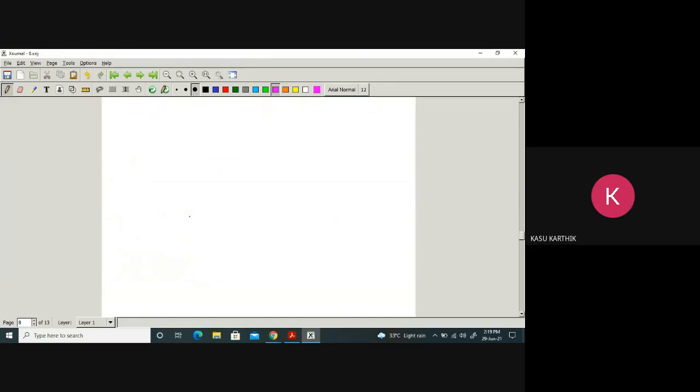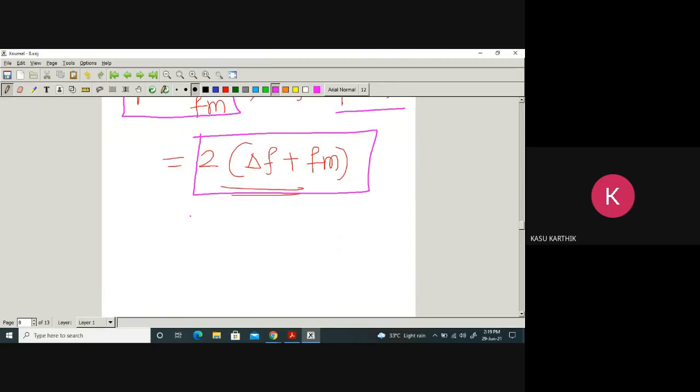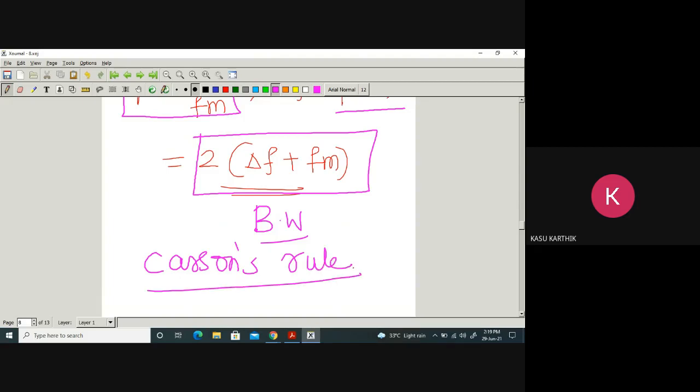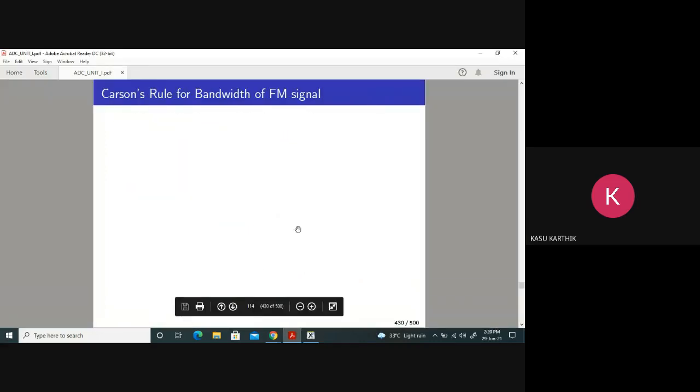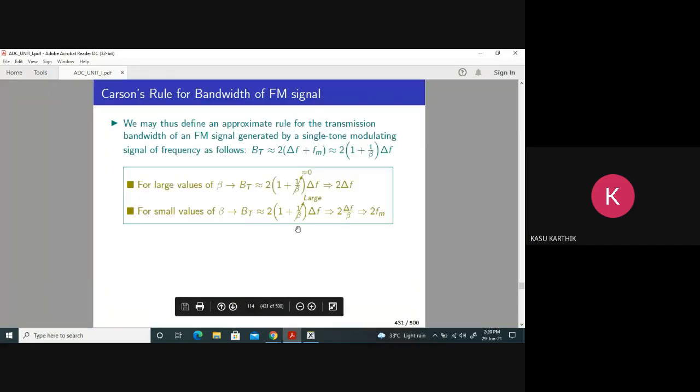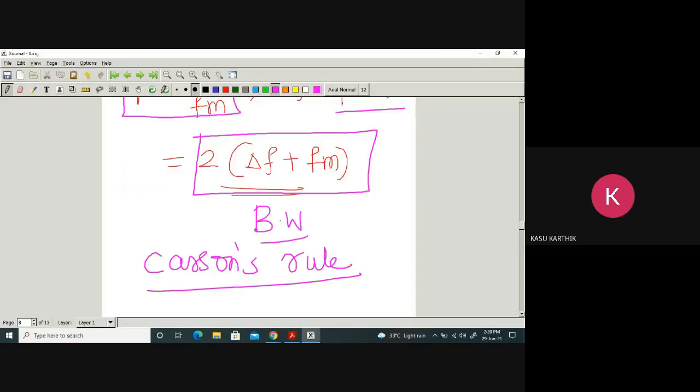Now, this is about the bandwidth of FM signal. It is given by Carson. That's why it is called Carson's rule. Please remember, this formula is given by Carson. So it is called Carson's rule for bandwidth. Is it okay? Now let me write.